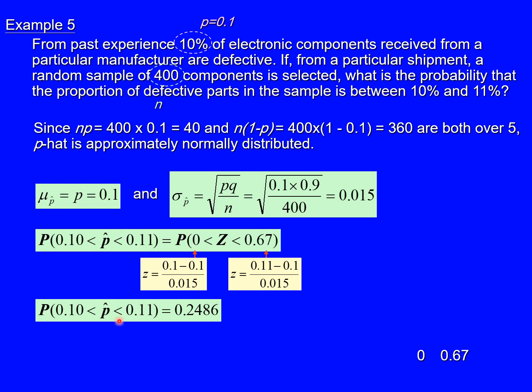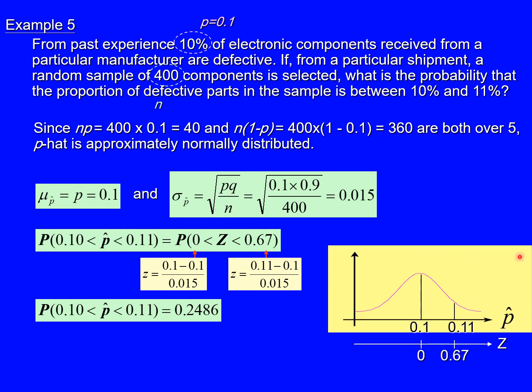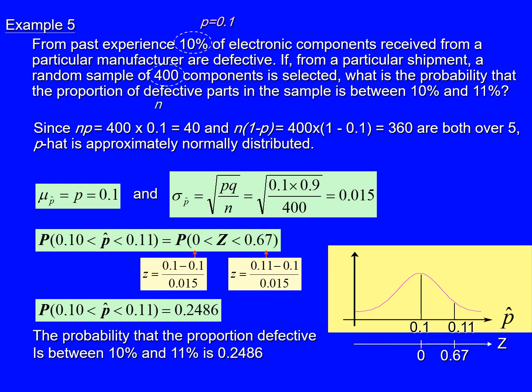So the probability that p hat lies between 0.10 and 0.11 equals, according to the normal table, the area between z equals 0 and 1, which from the table is 0.2486. This is the probability we get from the normal table.